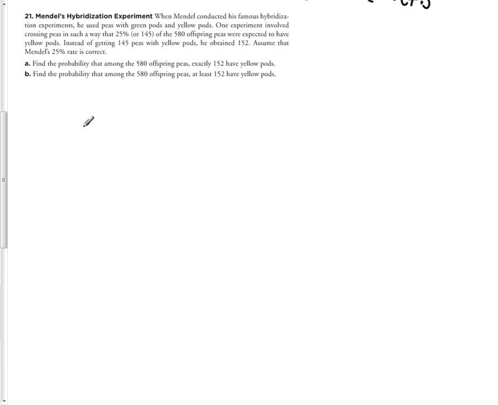So we're assuming that the correct proportion p of yellow pod offspring is 0.25. We're looking at the 580 as being the size of our sample, n equals 580, and x is 152.